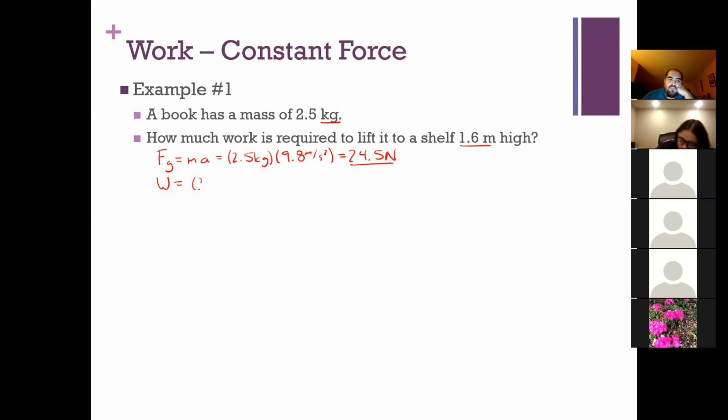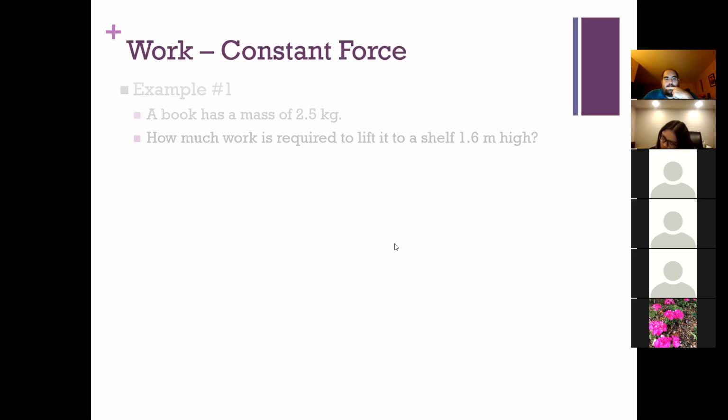Work is going to be equal to 24.5 newtons times 1.6 meters, which is equal to 39.2 joules. Any questions there? Okay.